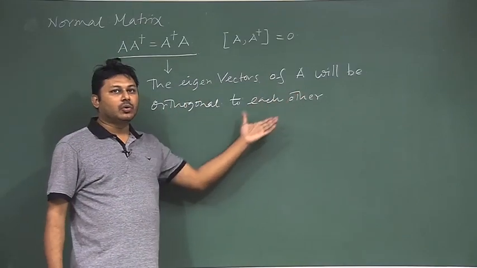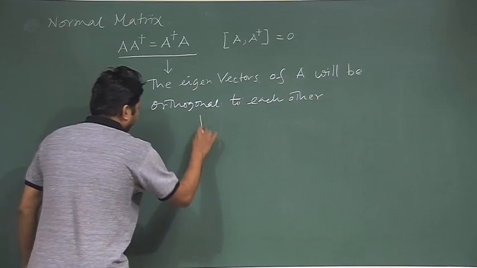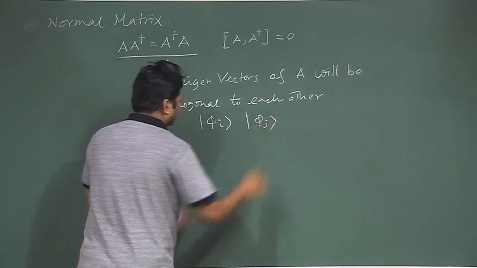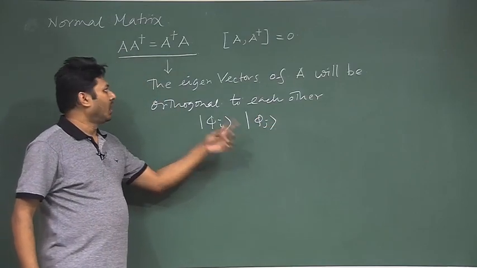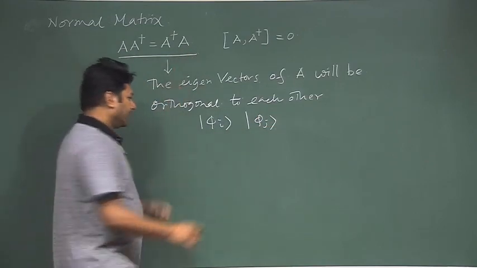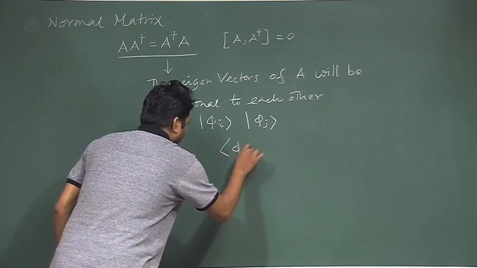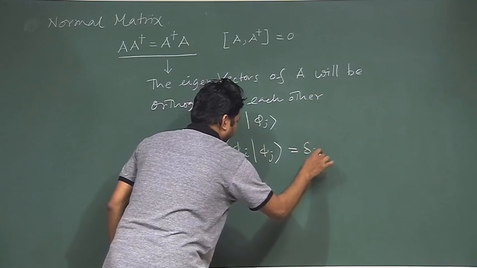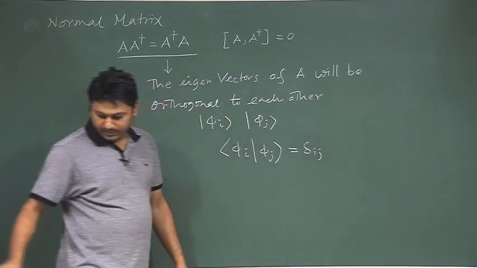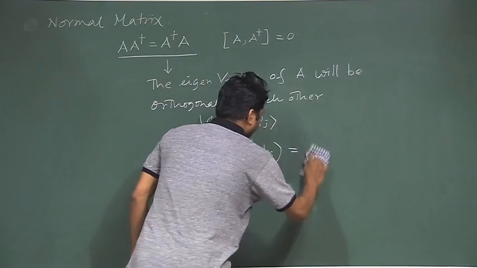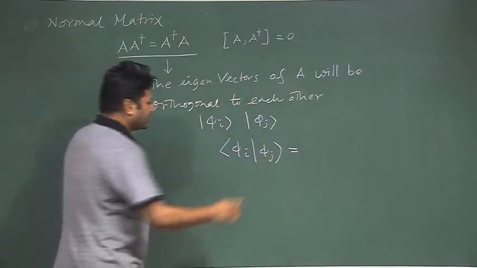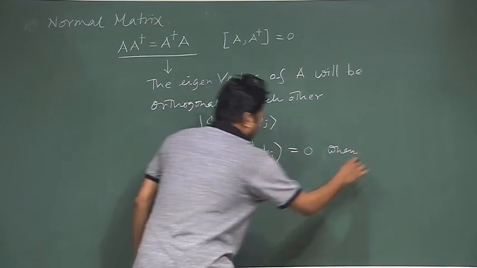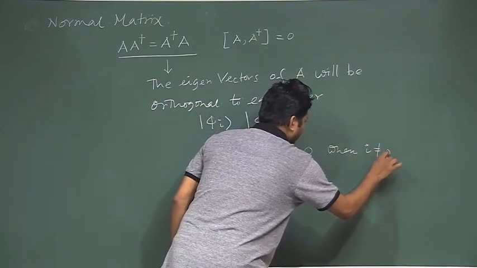That means, if phi i and phi j are two eigenvectors of a matrix A which is normal, then they hold this relationship when i is not equal to j.